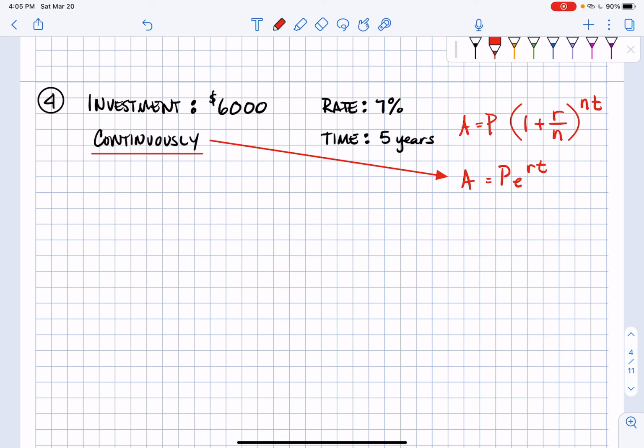All right, so with that being said, we're going to use A, which is the final amount, is equal to the principal, which is the initial amount, times E raised to the R times T. Well, what's my R? Well, it's 7%. So if I move my decimal place twice to the left, it's going to be 0.07. So let's go ahead and put that in.